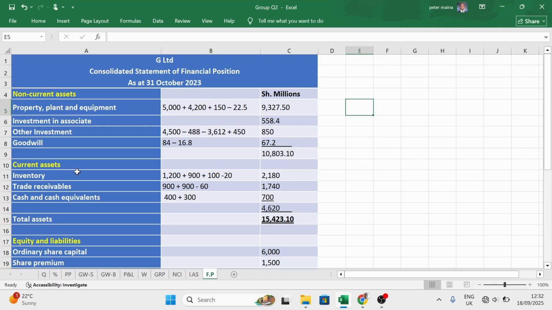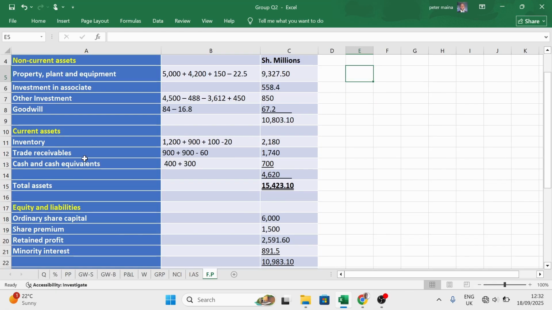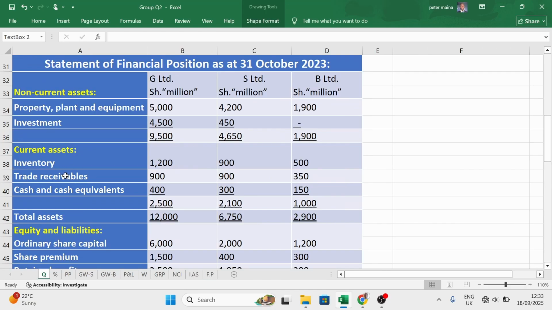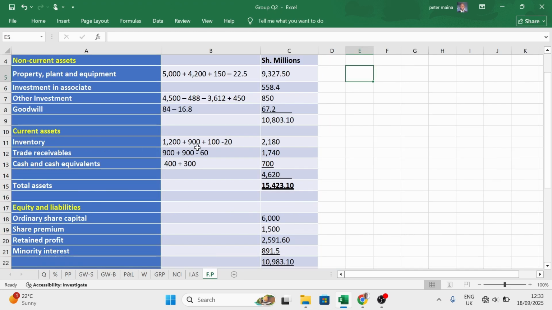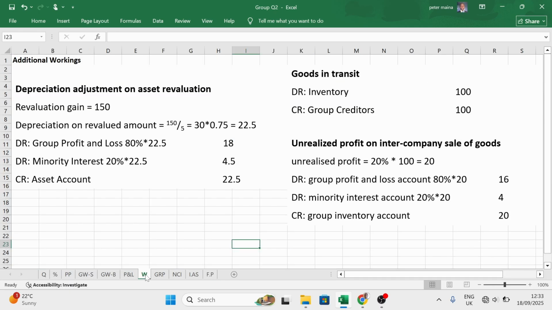The current assets are a bit easier, except for the unrealized profit, goods in transit, and intercompany debts. We just add the current assets of the parent to those of the subsidiary. So if you go to the question, current assets, inventory, you are going to take 1200, you add to 900, and that is what we have done here. 1200 we have added to 900. But remember, we had goods in transit.